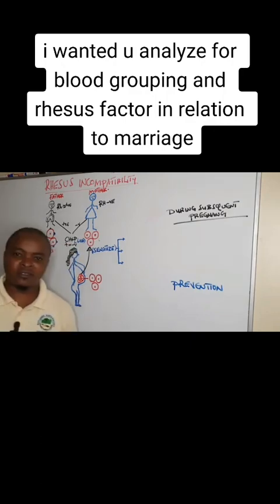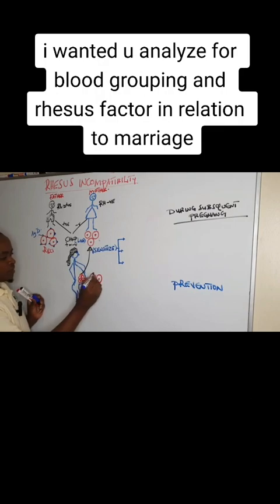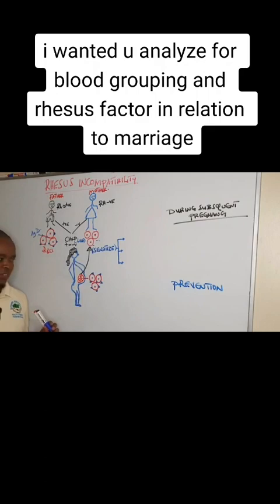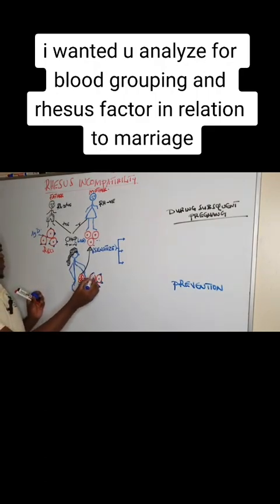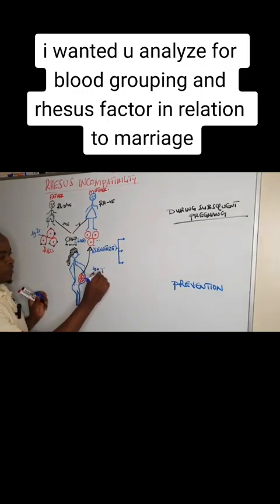If the fetus she is bearing in her womb becomes Rhesus positive, the fetus's RBCs have antigen D on their surface, and remember the mother's have none. So the mother's immune system is going to recognize this antigen D on the fetal red cells of the first pregnancy as foreign.